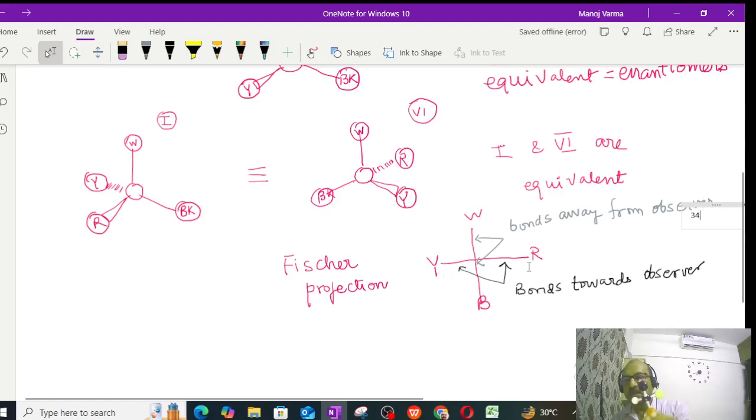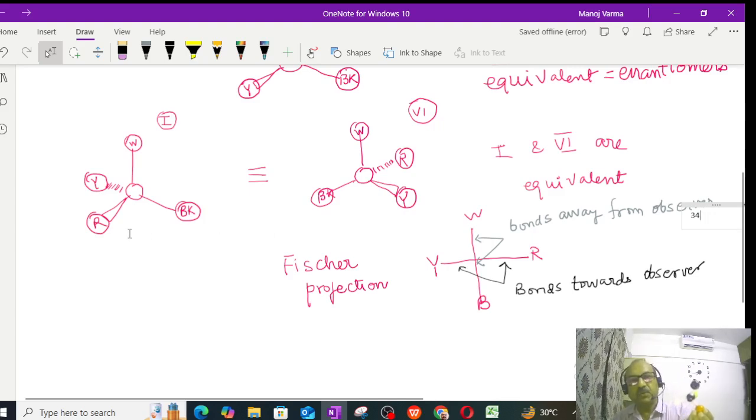So the horizontal line shows the bonds which are towards the observer, and the vertical line shows the bonds which are away from the observer. In this way a three-dimensional structure can be converted into a two-dimensional structure, and that is called a Fischer projection. Hope you understood the introduction to stereochemistry about drawing the wedge and dash structures, and also converting those structures to the Fischer projection.